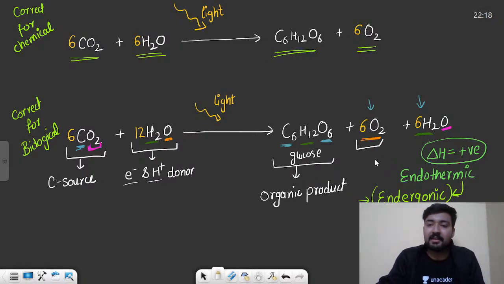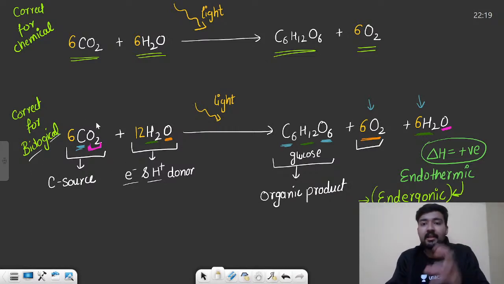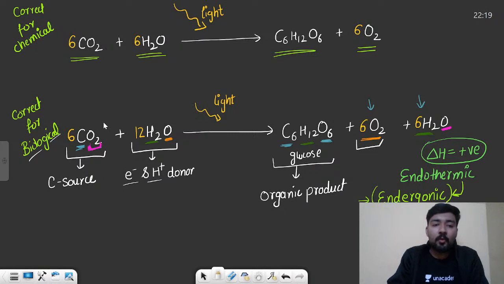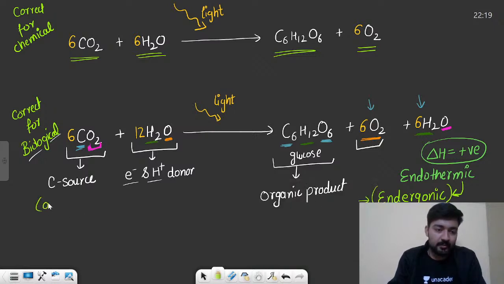So yes, oxygen is the gaseous product and some water is also released. So this is how we can understand photosynthesis in a better way, and this is the biologically correct equation to represent photosynthesis. Alright, now let us see where all these things are coming from. So CO2 comes from the environment, right? It comes from the atmosphere.